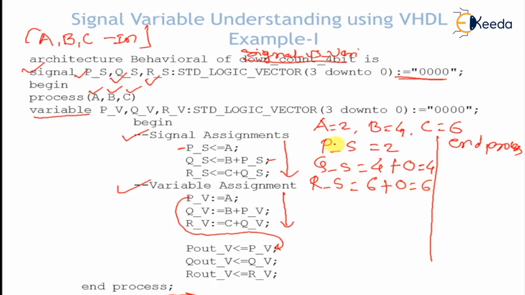So after execution, P_S should be 2, Q_S should be 4, R signal should be 6.